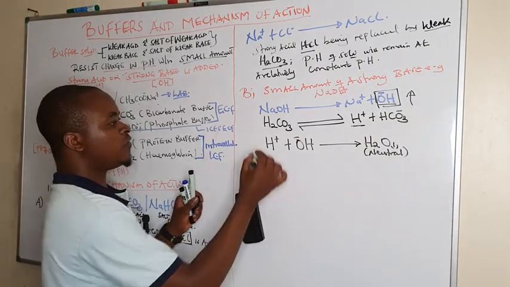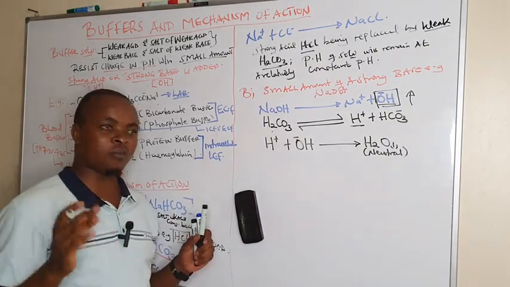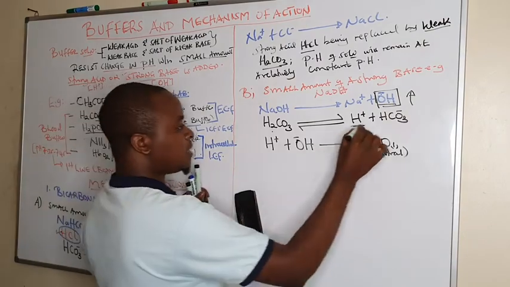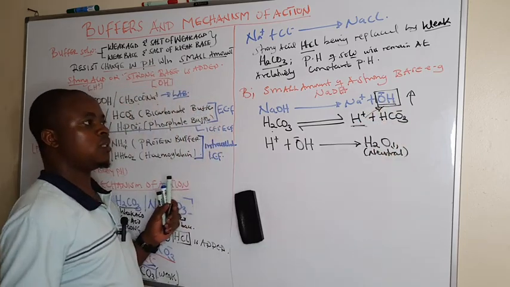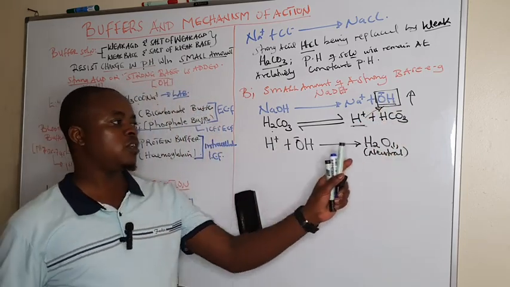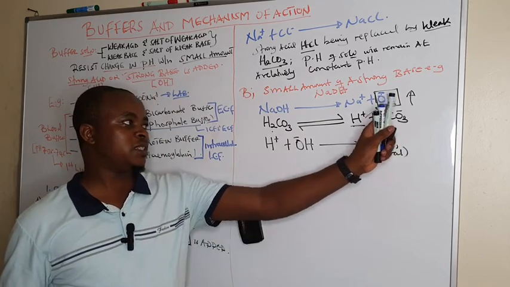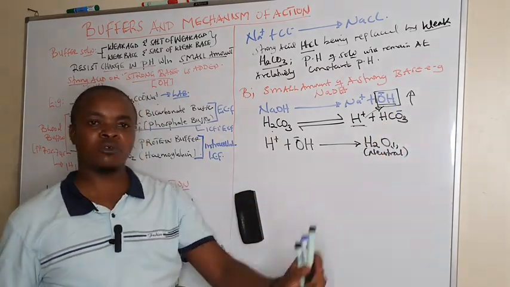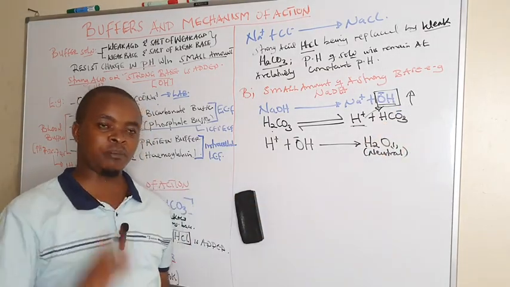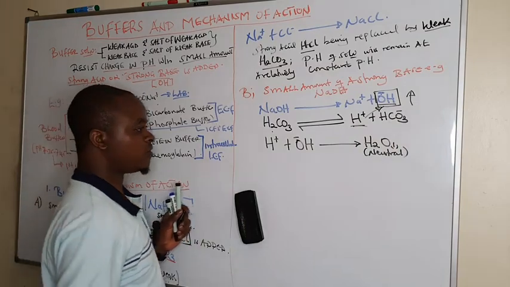But we thank God for the presence of weak carbonic acid, which liberates the hydrogen ions, which come and combine with the hydroxyl ions, which would have increased the pH, and these strong base hydroxyl ions are replaced with water which is neutral, keeping the pH at a relatively constant level.